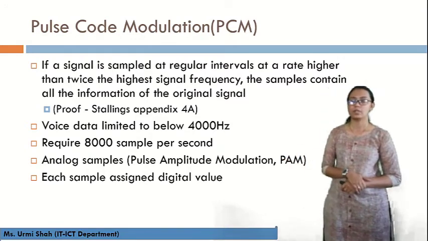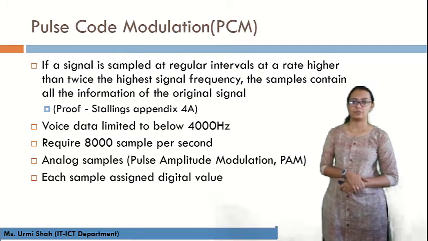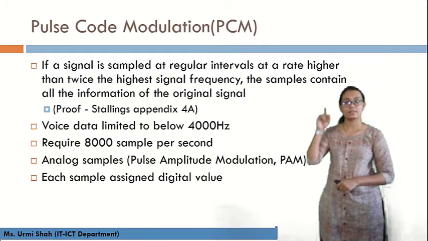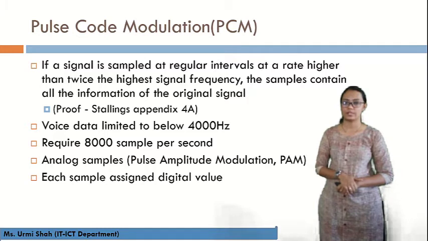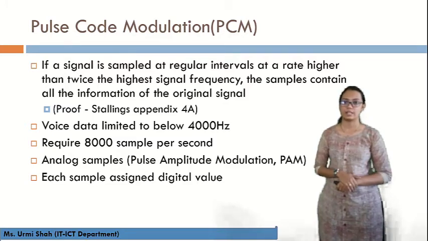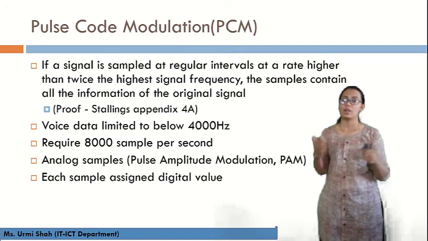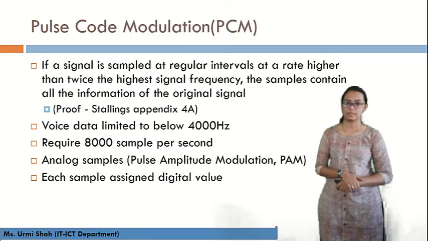Now let's come to a different kind of modulation technique, that is pulse code modulation. Basically, if a signal is sampled at regular intervals at a rate higher than twice the highest signal frequency, then the sample contains all the information of the original message signal.